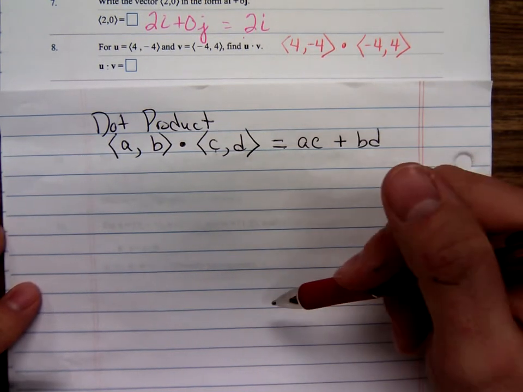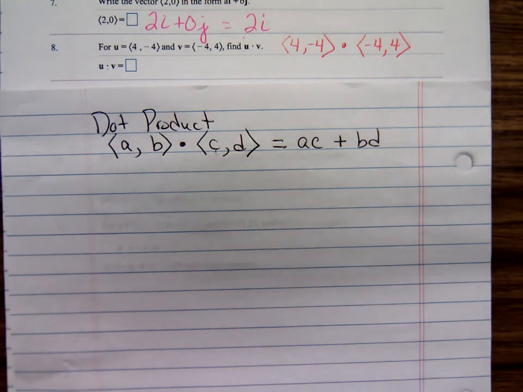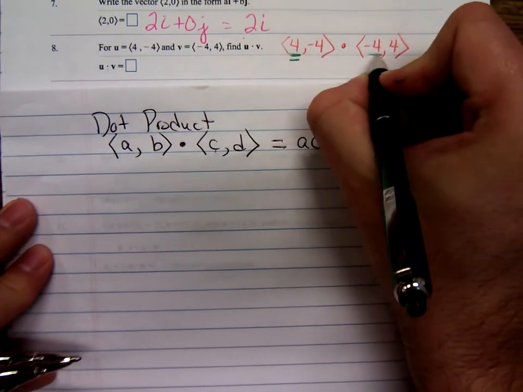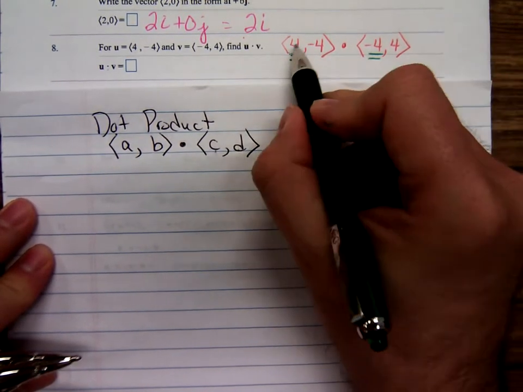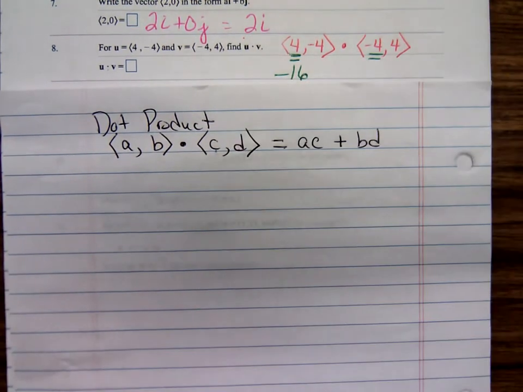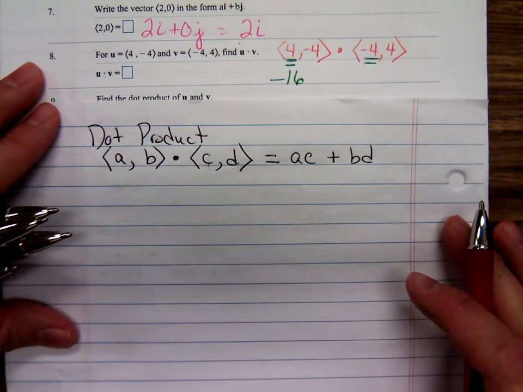Because there's so many of the same number. So I'll try to color code it. The two numbers that I'm underlining in green, that's what I'm multiplying first. So that's going to give me a green negative 16. Is it still visible? Yeah. And then a plus.